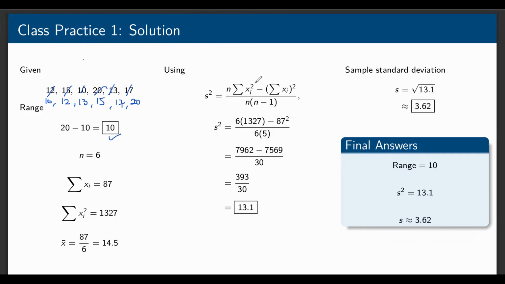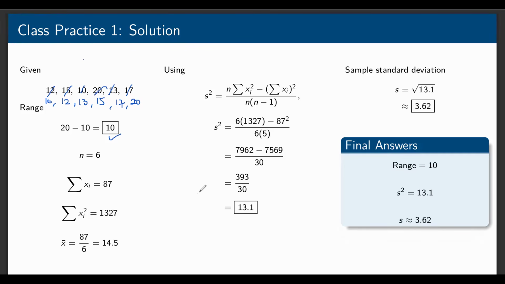So we come back into our formula and then we fix the values in there. n is 6, summation of x squared is 1327, minus summation of x all squared, which is 87 squared, all over n, which is 6, times n minus 1, which is 5. Simplify to get your final answer, given as 13.1.